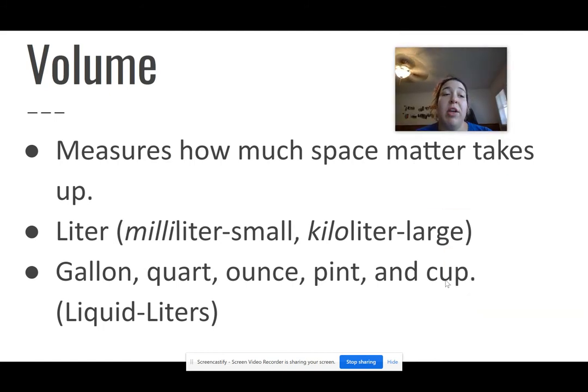All right, volume is our next one. When we're measuring volume, generally it is done in liters. We're essentially measuring how much space the matter is taking up. We will do a couple of volume labs in our classroom. We just do those using a little contraption, and then we put stuff in water to see how much space they've taken up.